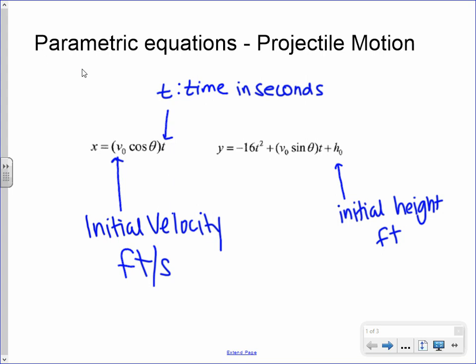What do you suppose theta, the angle, is going to represent? The angle in which it's projected. I'm kicking the ball at a 30-degree angle. It lifts off the ground at a 30-degree angle. There's going to be some soccer problems that we get to look at. Just pay attention to me, soccer boys.